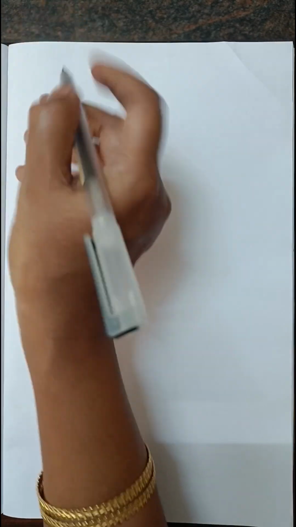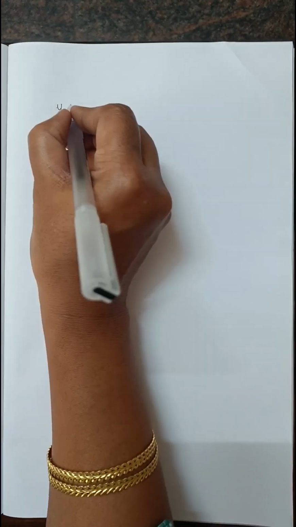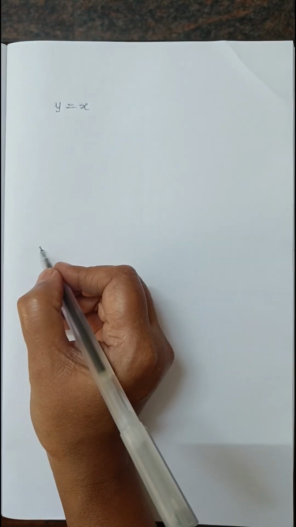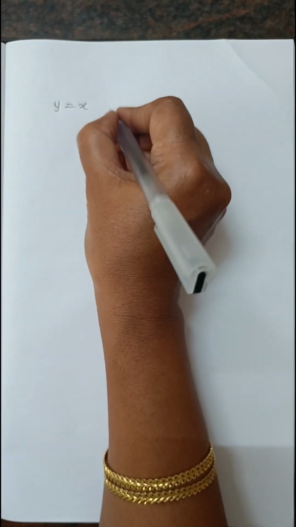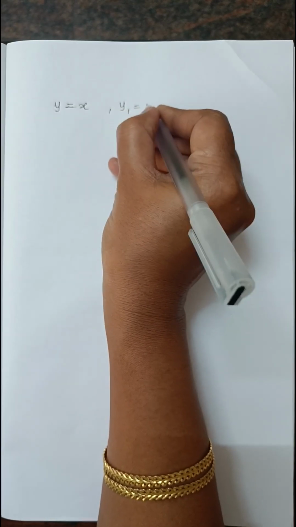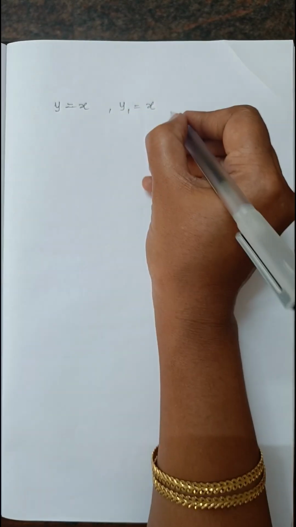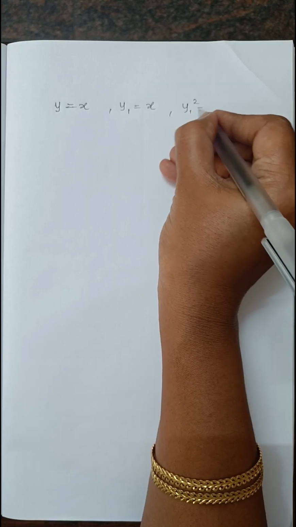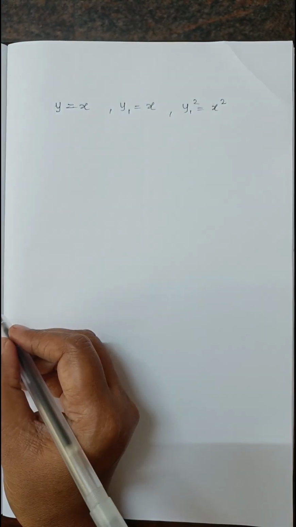Now we have to express y square as a function of x. First equation is y is equal to x, let this be y1, therefore y1 is equal to x, that is y1 square is equal to x square.